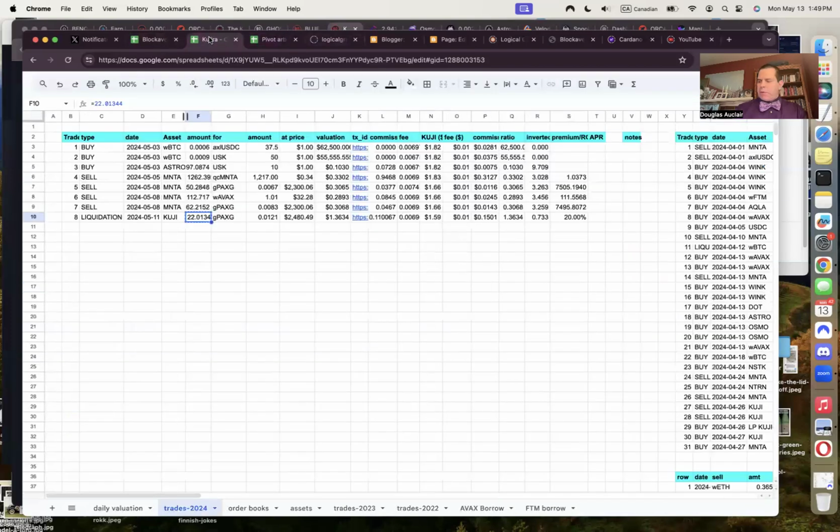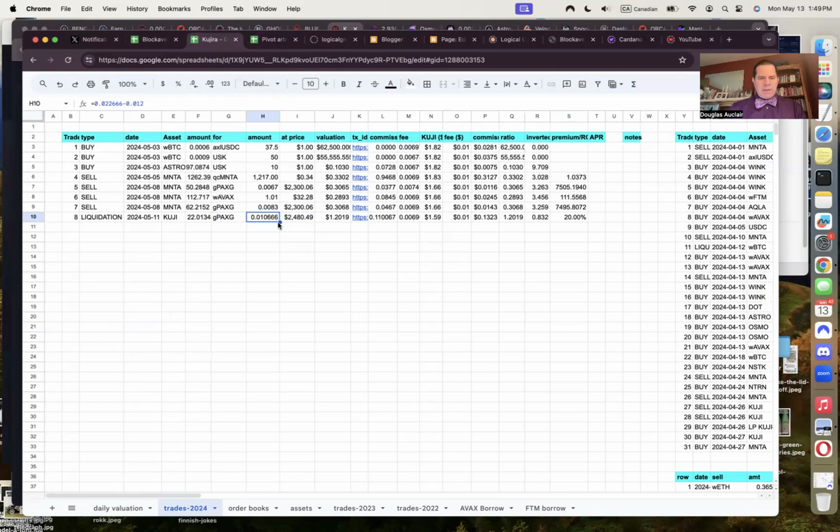So what I do is I record every one of my transactions in Kujira. And so I say that I used this much gold lent to Ghost, which I'm not recording here. I'm just recording it as gold.